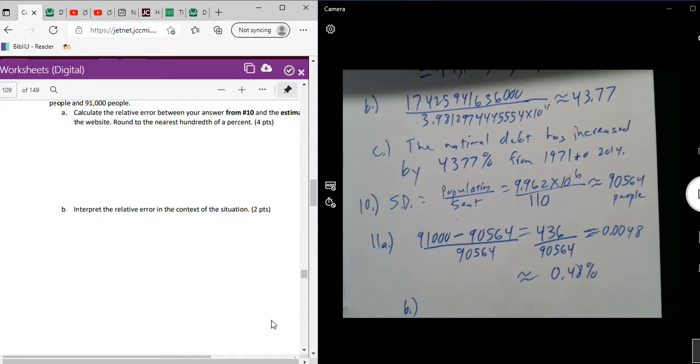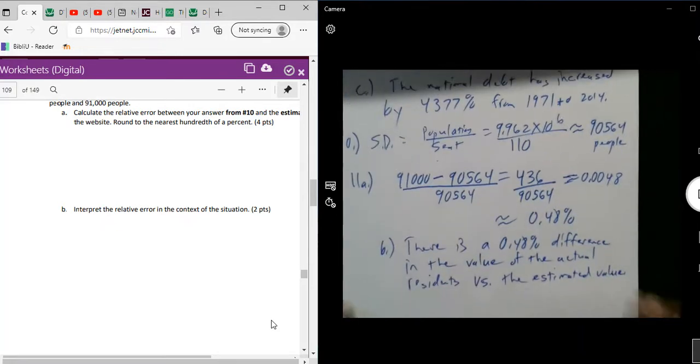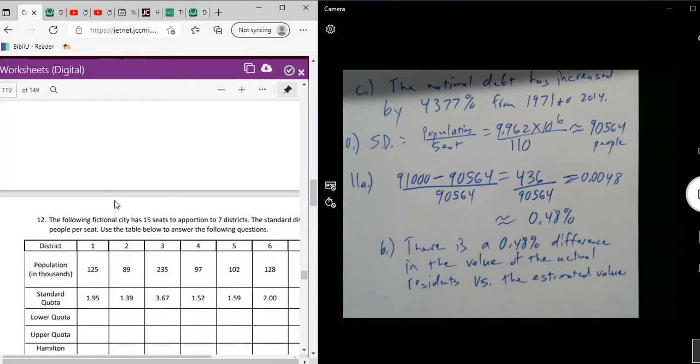So basically we would say there is a 0.48% difference in the value of the actual residents versus the estimated value. So it's not that much difference.